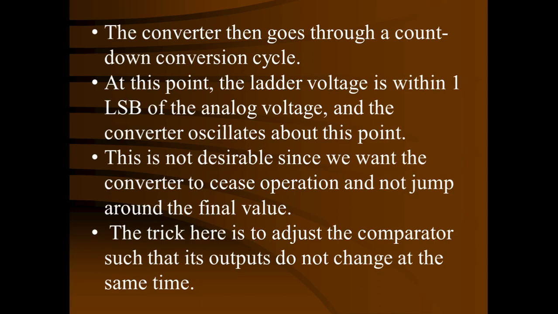This means only around a particular value the counter is going to be advancing one clock cycle up, and from that point it is going back to the original state. That means it is jumping between the two steps only. So it is oscillating, and this has to be avoided. And how is it going to be avoided? For that, the comparator has to be adjusted for centering.